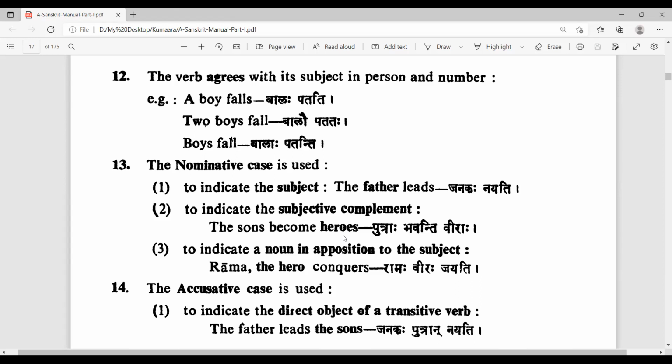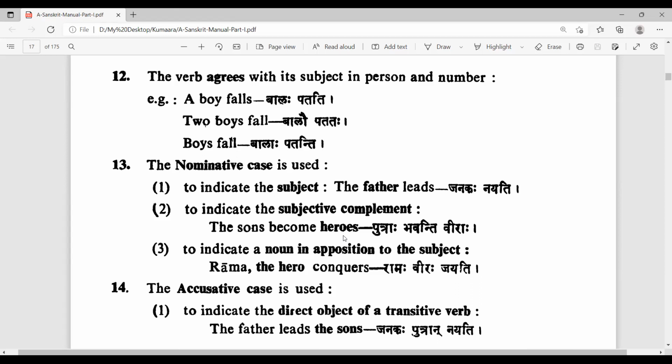They are not adjective, substantive. They don't have that relation. Putraha subject, viraha predicate, or subjective complement. He calls it subjective complement. So to indicate the subjective complement, viraha, there also prathama vibhakti is used.